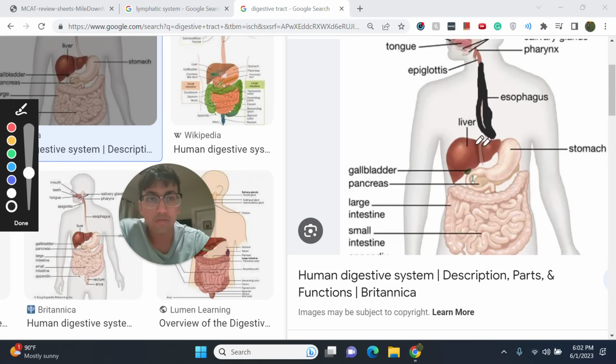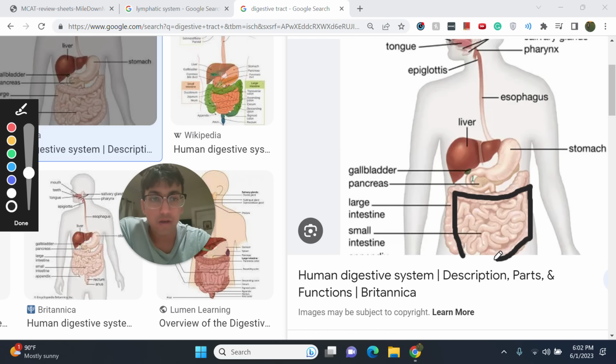And then through your diaphragm, your esophagus goes into the stomach, right? This is the pyloric sphincter over here, right? And it goes into the small intestine. The small intestine has the duodenum, the jejunum, the ileum, and then you have your large intestine, which is the last part before you get to the rectum and the anus.